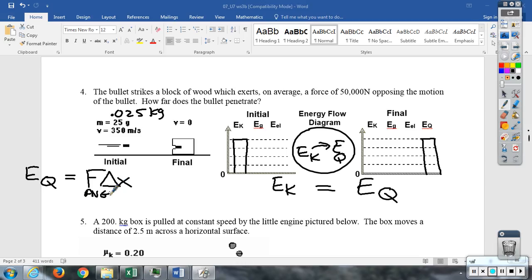On average, the block exerts 50,000 newtons of force opposite to the motion, and delta x represents how far into the block the bullet can go. So if we can calculate the kinetic energy that this bullet has, we'll know how much energy it loses to the block, and then with the block exerting that force, we can figure out how far the bullet is able to go into the system.